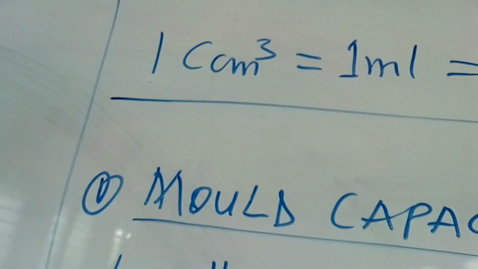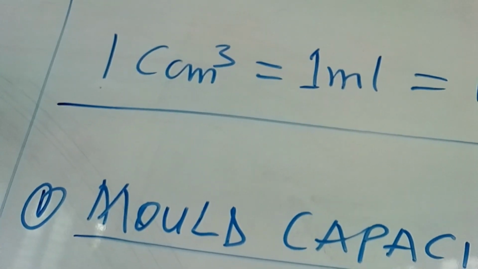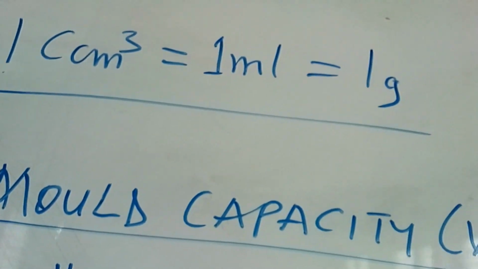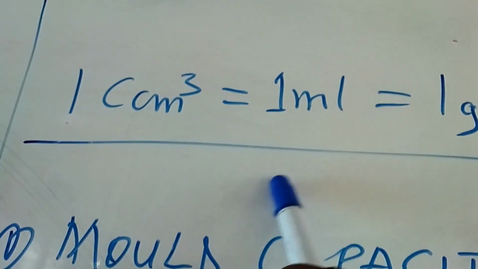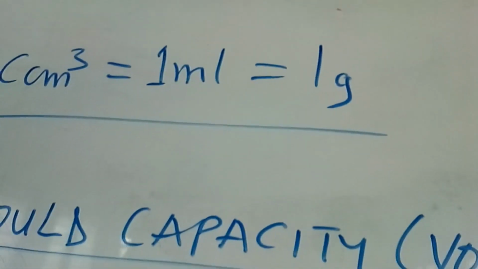But when we are weighing our ingredients, we may not necessarily use centimeter cube, but we may use mils or grams. So 1 centimeter cube is approximately equal to 1 mil, which is also approximately equal to 1 gram.